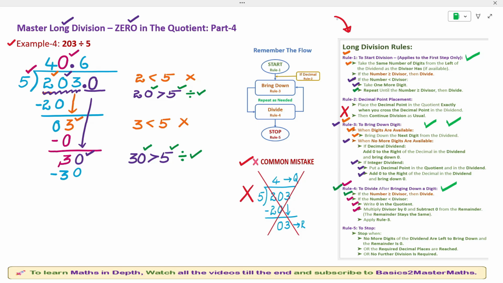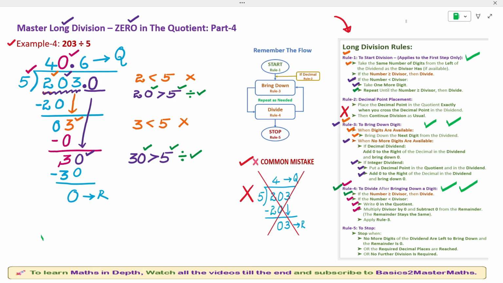So you will get 0 as the remainder and 40.6 as the quotient. Now, rule 4 is complete the second time.